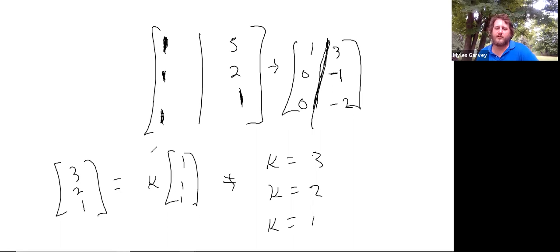So there's no value of k that I can plug in here such that when I multiply it by this vector, I'm going to get this vector. And that tells me that the two are linearly independent. I can't write one in terms of the other.